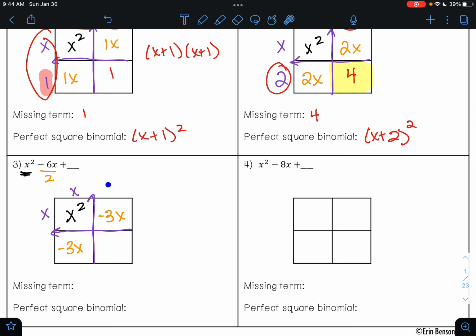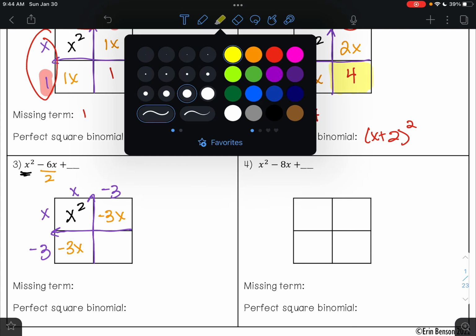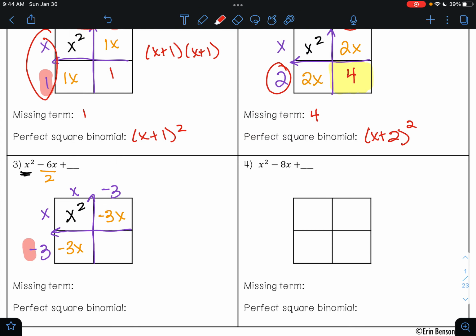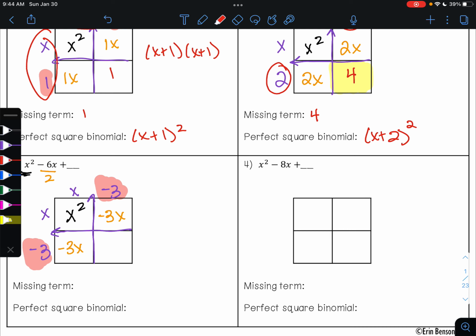x times what number would give me negative 3x? Negative 3. x times what number would give me a negative 3x? Negative 3. Now we can find the missing number that completes the square by multiplying negative 3 by negative 3. And when we do that, we get positive 9, because a negative times a negative is a positive.